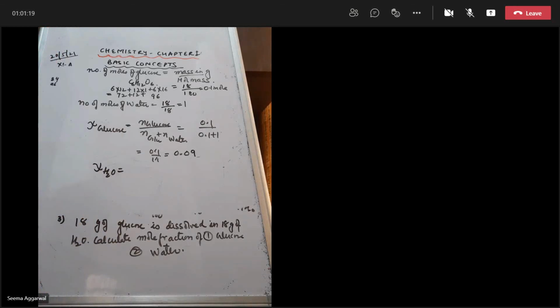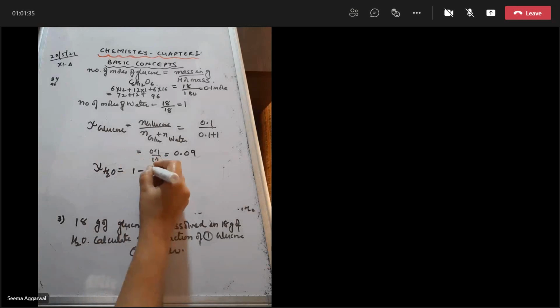Okay. Now, how to calculate the mole fraction of water? Who is going to tell me now? Lakshay, can you tell? Subtract 0.09 from 1. Yes, 1 minus 0.09.